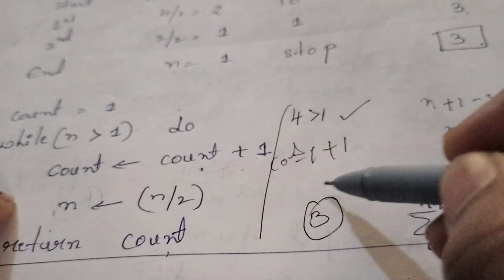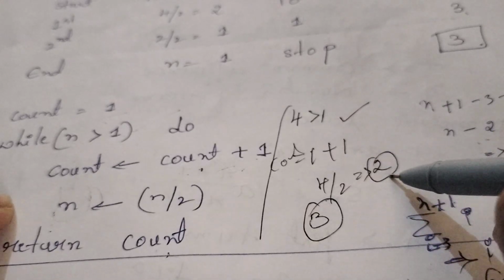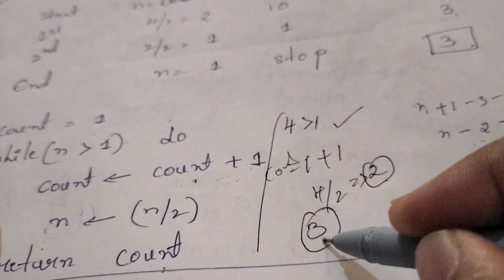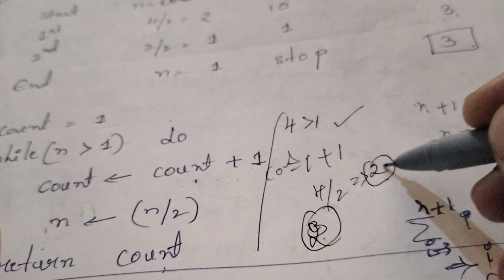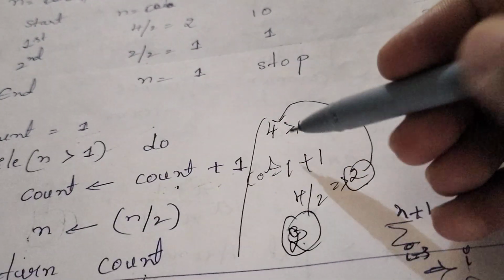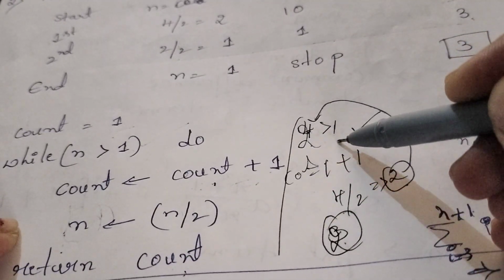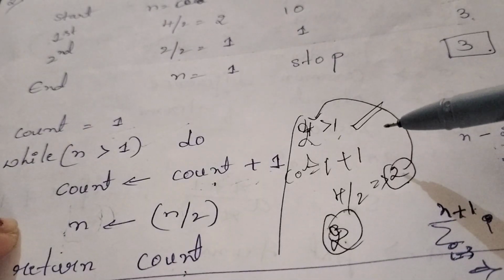Now 4 divided by 2 is equal to 2. The n value is updated to 2. The count value is 2. n should be passed to this function again. So instead of 4, now it is 2. Is 2 greater than 1? Yes, the condition is evaluated to true.